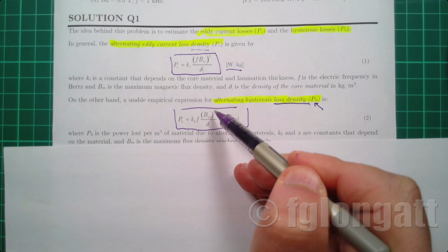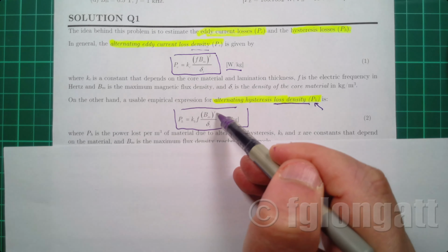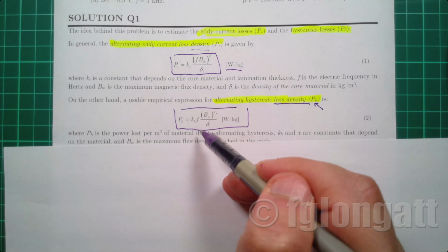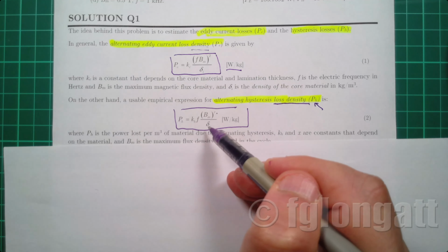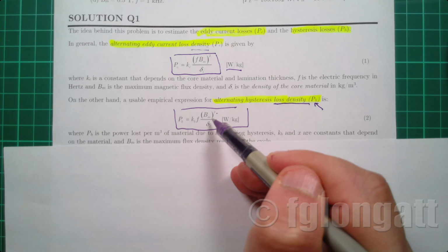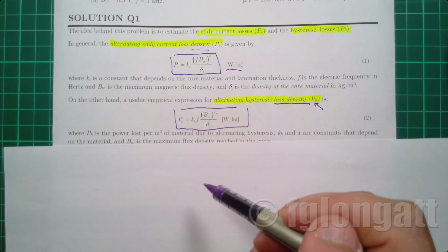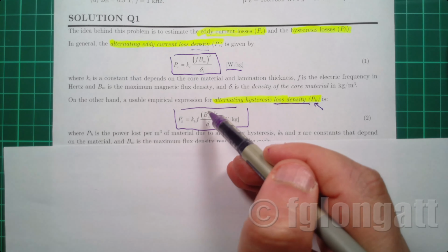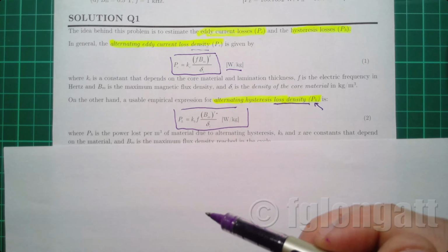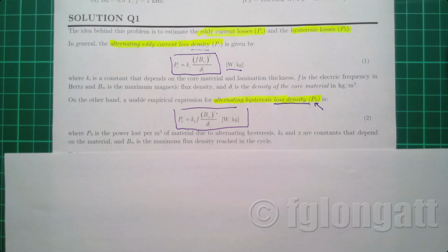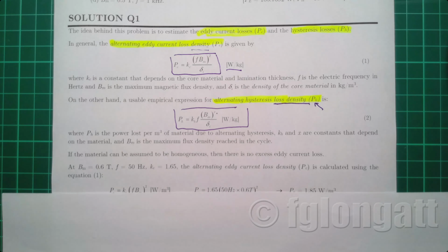You can see that we have x in the exponent, and this is the Steinmetz index. You can see here the proportionality to the frequency. In the denominator, you can identify the density of the core material in kilograms per cubic meter. And inside the exponent, you can identify the magnetic flux density.